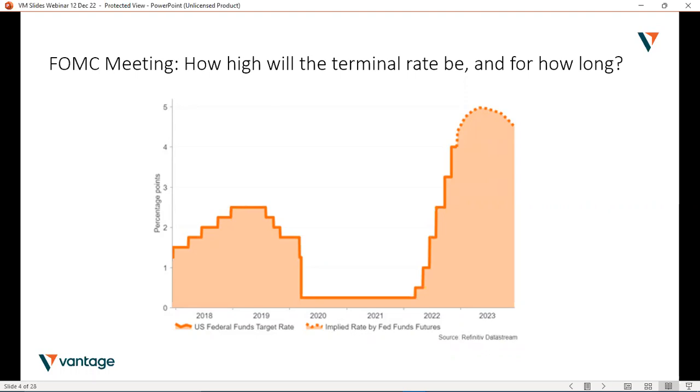Rate estimates in the survey are expected to have increased meaningfully from September's 4.6% average, and show a Fed that is prepared to keep policy tighter for longer. Those are the expectations. Futures markets think interest rates will show a peak in May at about 5% or so.